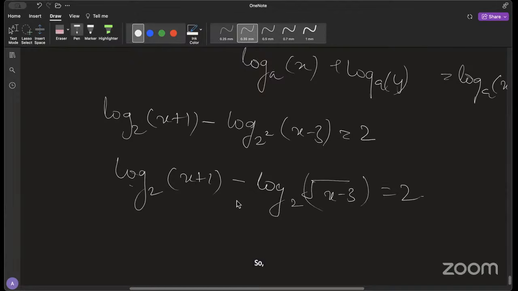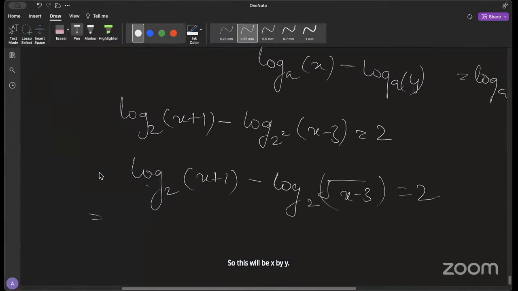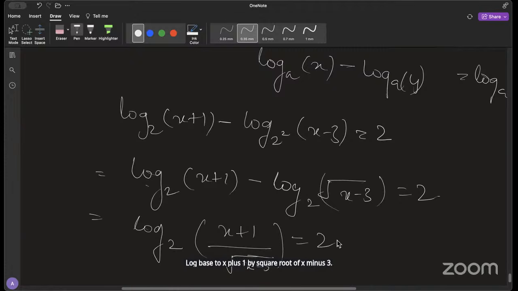So if I club these two together using this property, and in this one we're using the negative one, this will be x by y. Log base 2 of (x+1) by the square root of (x-3) is equal to 2.